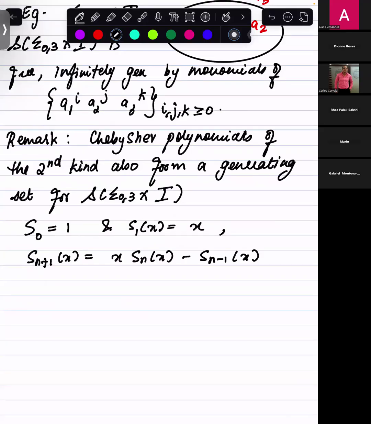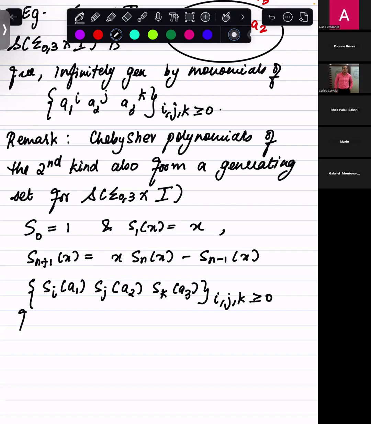So your variable is actually a threaded curve, and the basis is basically, so let me write S i of A1, S j of A2, and S k of A3, where I, J, K are again greater than or equal to 0, form the generating set of the Skein module of the genus 2 handle body.